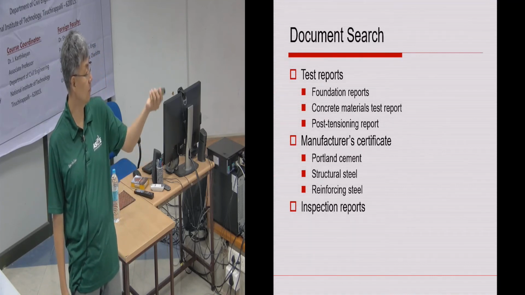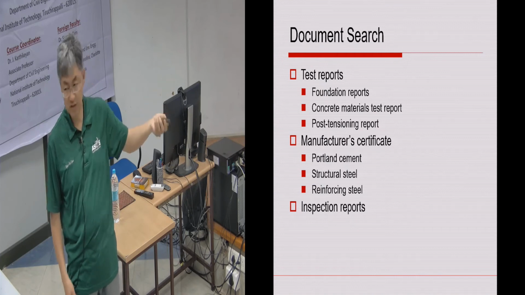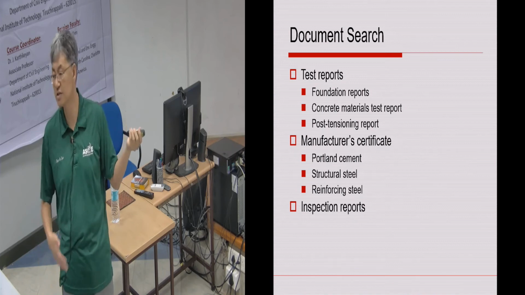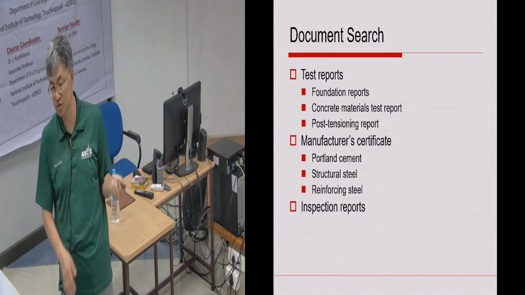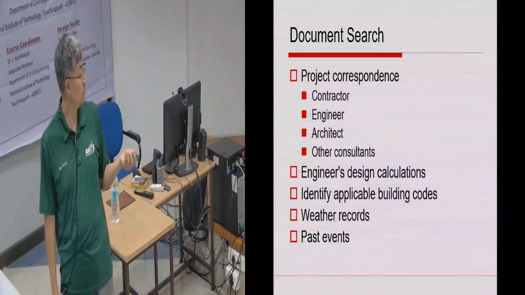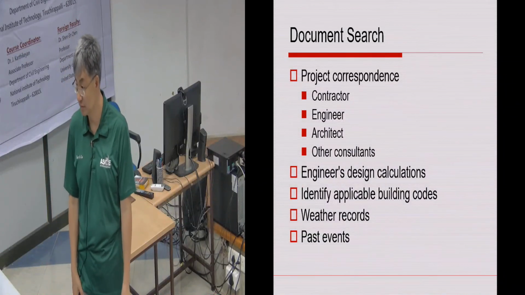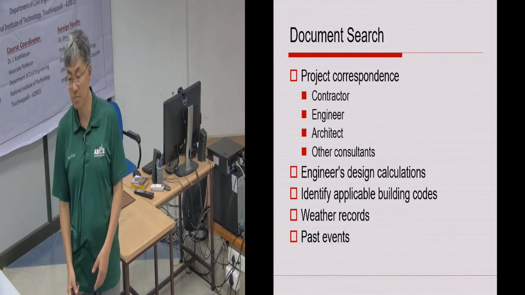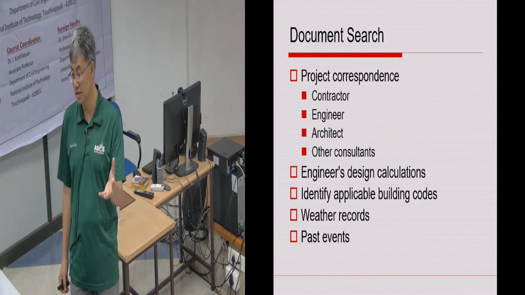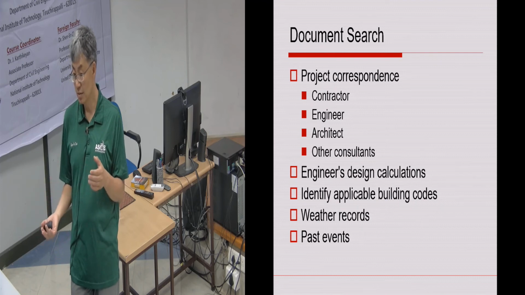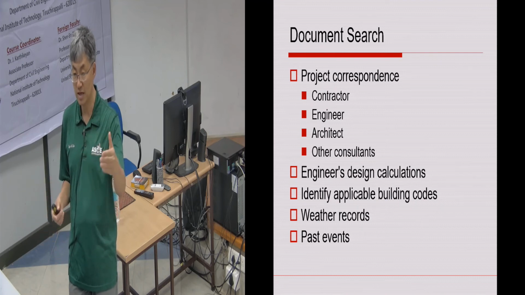We have more detailed information like the manufacturer's certificate and so forth if you're dealing with machine failure. Correspondence is extremely important. As I mentioned, in one of the case studies that I did this year on blasting, we actually went back and looked at the blast records.